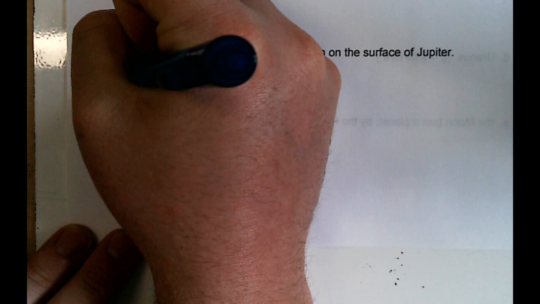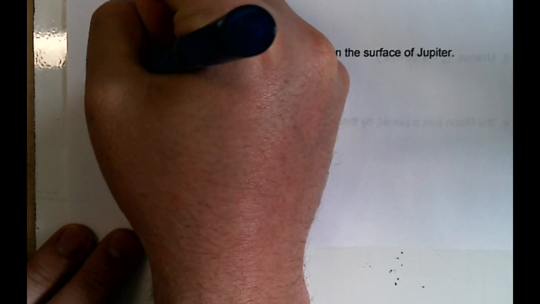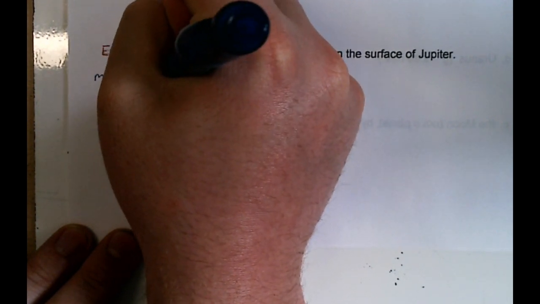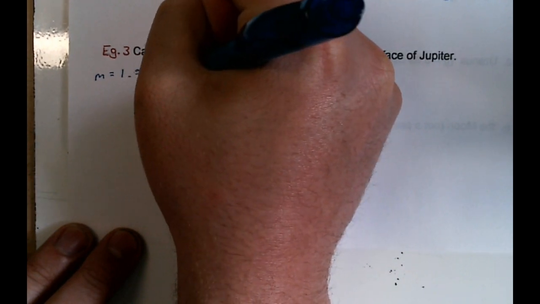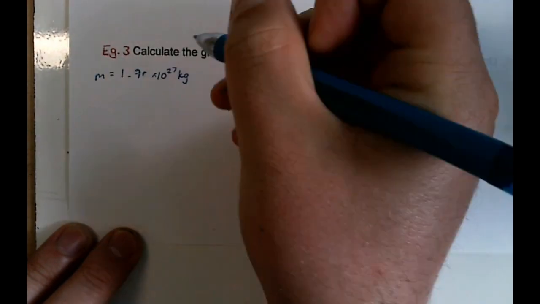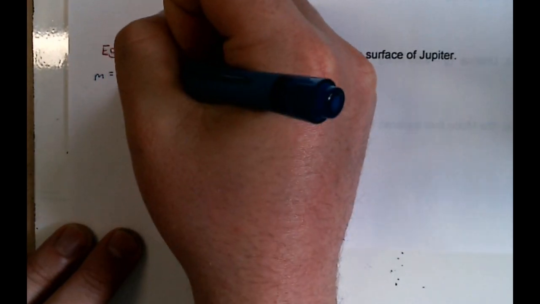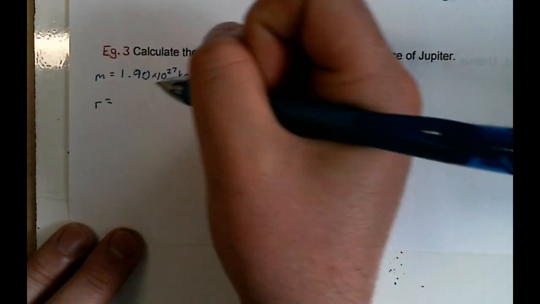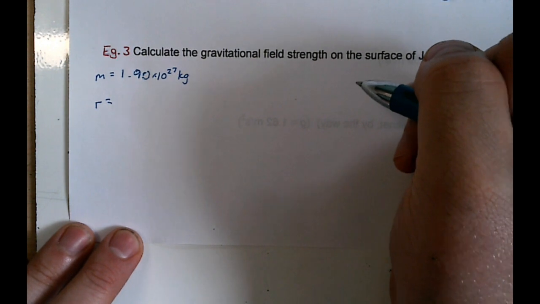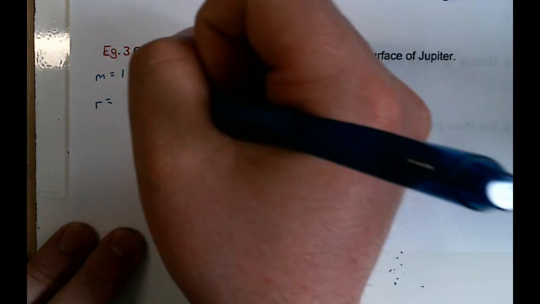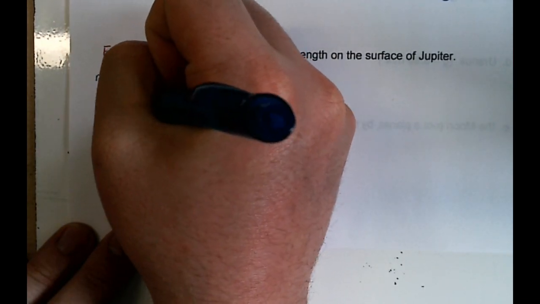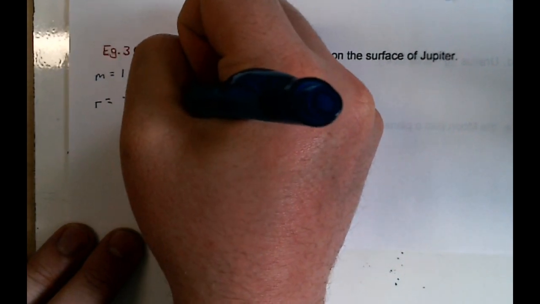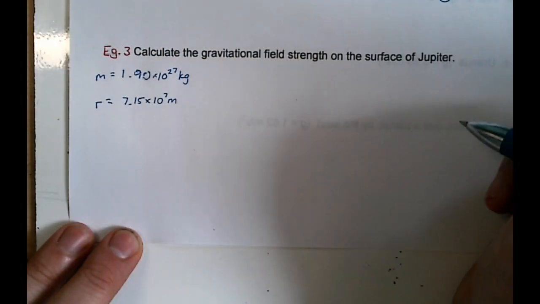So the mass of Jupiter is 1.9 times 10 to the 27 kilograms. It also has a radius, or the distance from the center of the planet, of 7.15. We want to find what is its gravitational field strength.